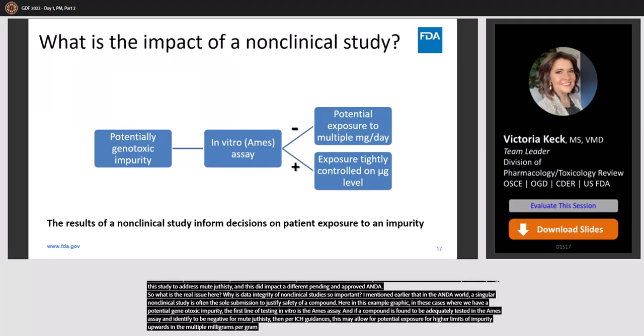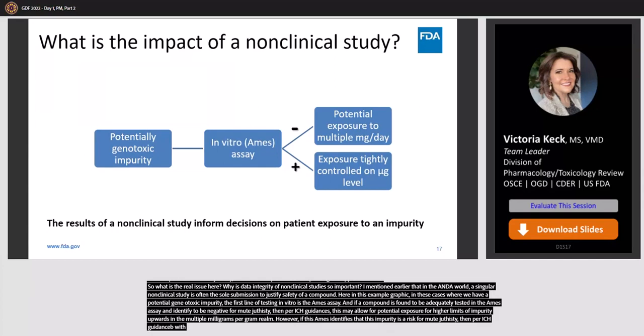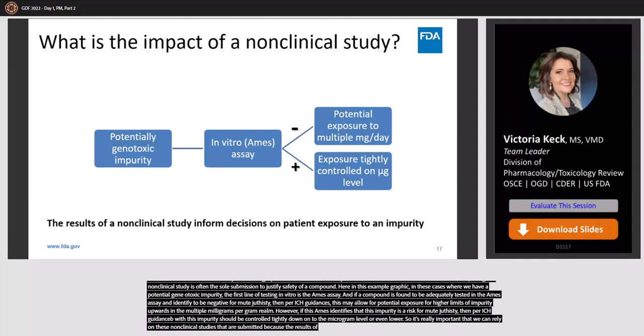However, if this Ames identifies that this impurity is a risk for mutagenicity, then per ICH guidance, this impurity should be controlled tightly down onto the microgram level or even lower. So it's really important that we can rely on these non-clinical studies that are submitted, because the results of these non-clinical studies inform decision on patient exposure to a compound or impurity.